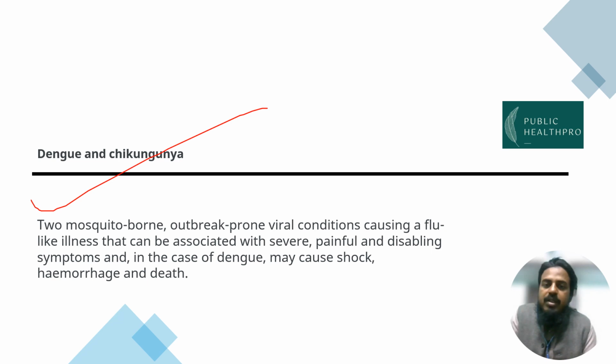So it is a significant global health threat. Dengue is primarily transmitted by the Aedes aegypti mosquito, and the dengue virus causes a spectrum of illness from mild fever to severe hemorrhagic condition.